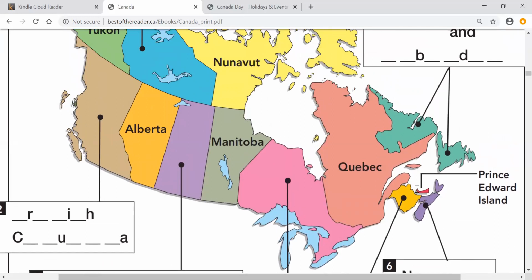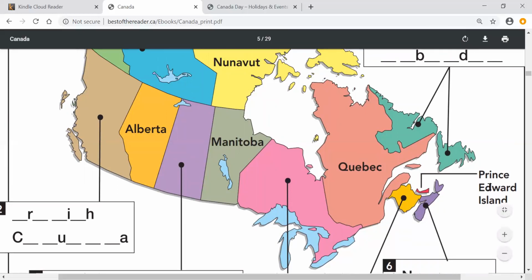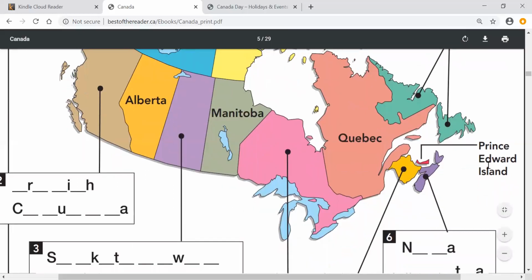Okay, what is this little red province? This is a province, very small, the smallest province in Canada. Name? Prince Edward Island. Now, island, what does island mean? Island means it is land, but around the land is water.